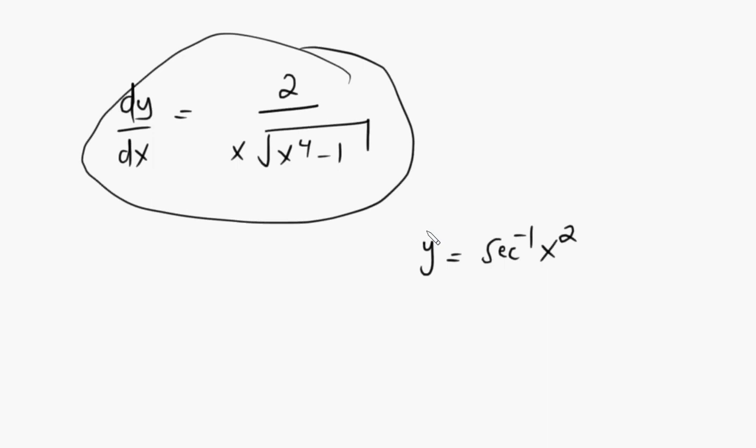Now let's see the final one. What is the final one? The final one is y equals cot inverse of x. So I find dy dx here. This is just the same as saying x equals cot y.